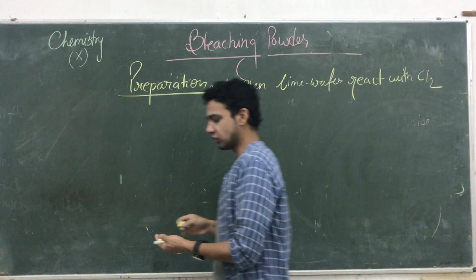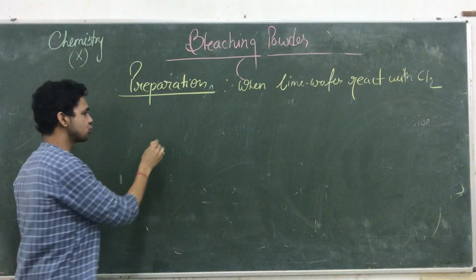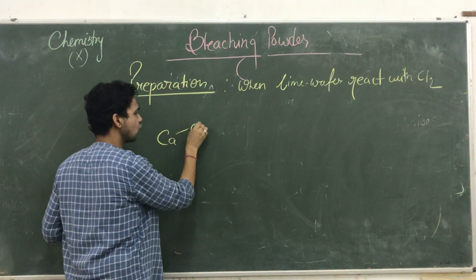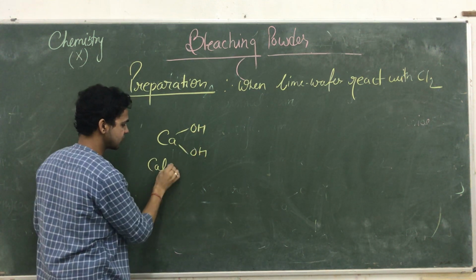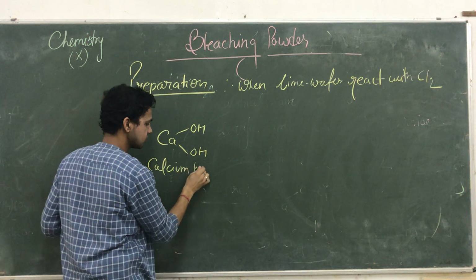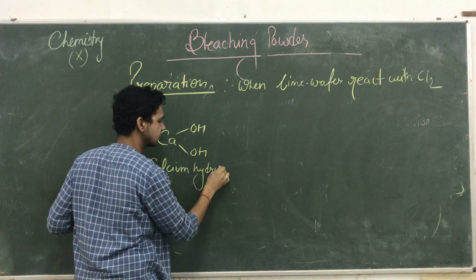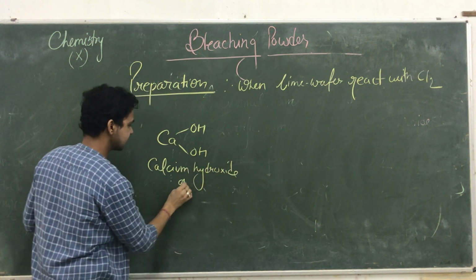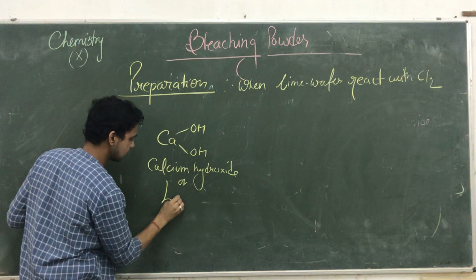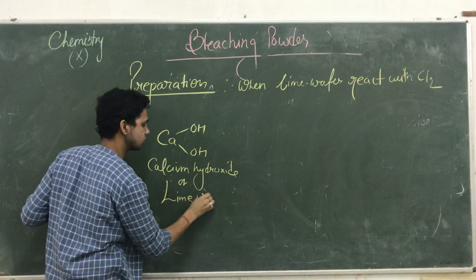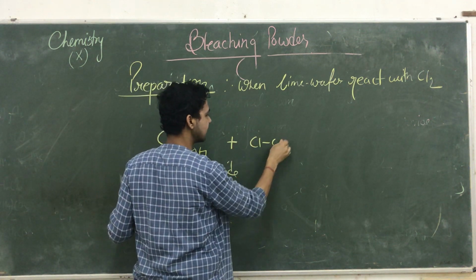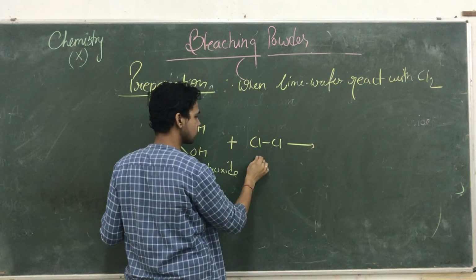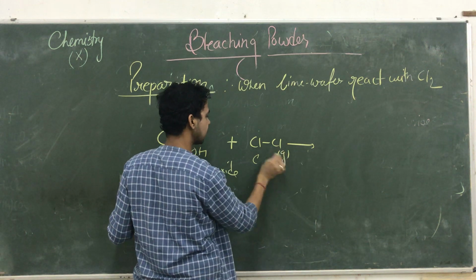So here the lime water is going to react with the Cl2; lime water is Ca(OH)2, known as calcium hydroxide. Lime water is able to react with the chlorine gas, chlorine in gaseous form.